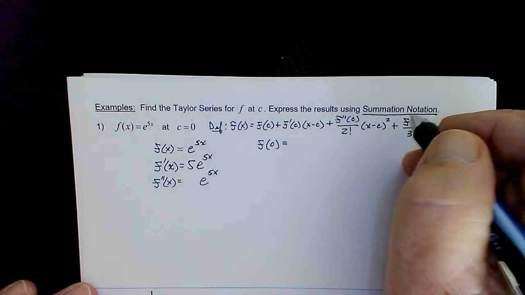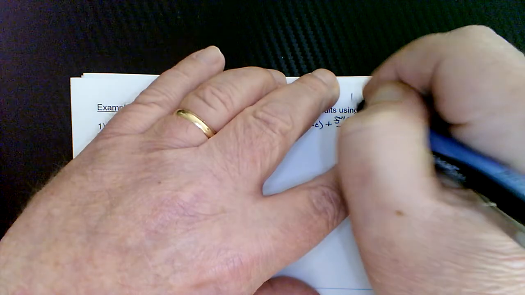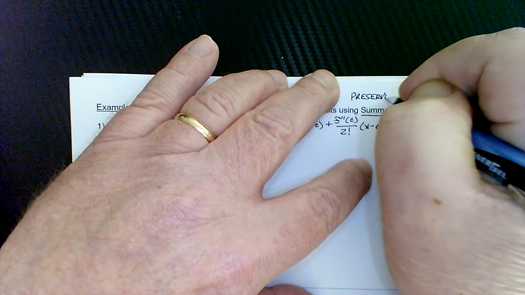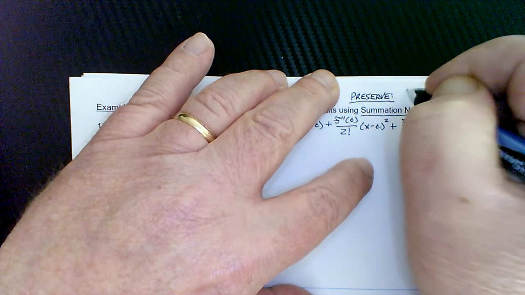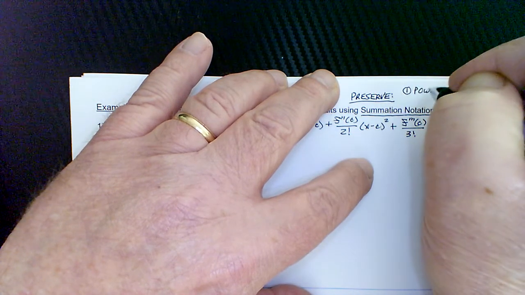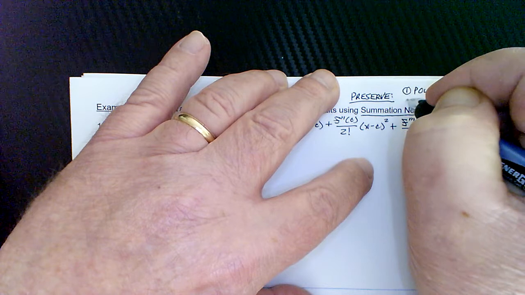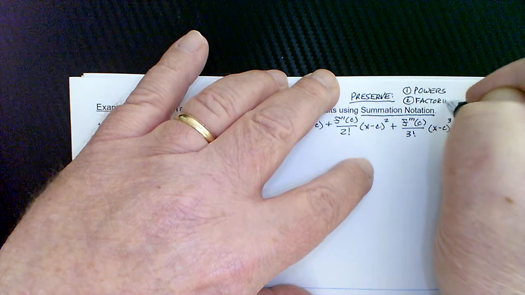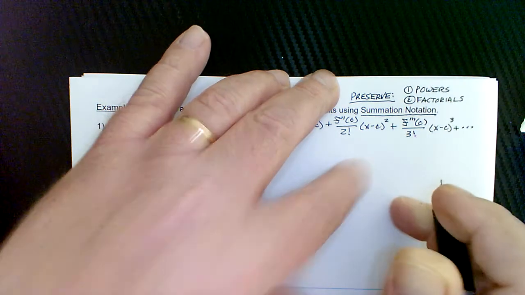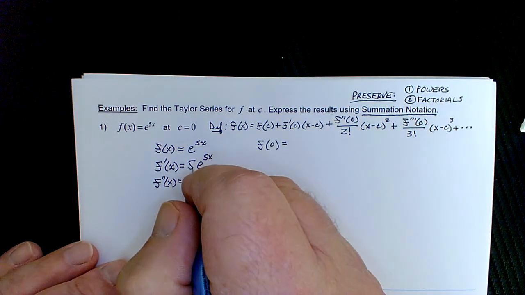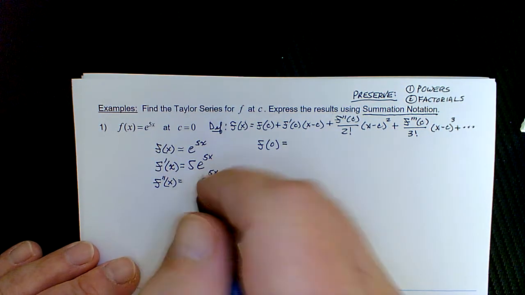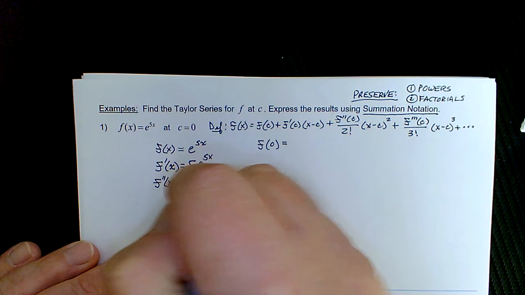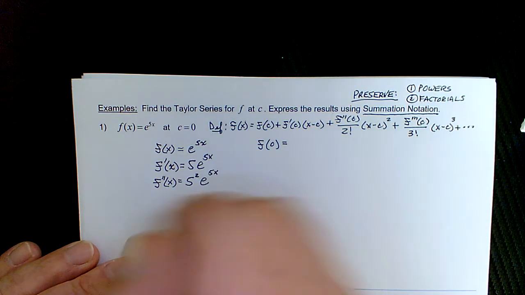But again, because summation notation, you want to preserve 2 things: the powers and any factorials that may arise. And we'll see that in the next example. I don't think we see the factorials come into play here. But concerning the powers, I don't want to write 25 because I want to preserve the power of that base of 5. So since there's 2 factors of 5, 5 squared.